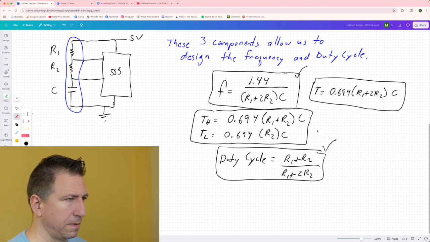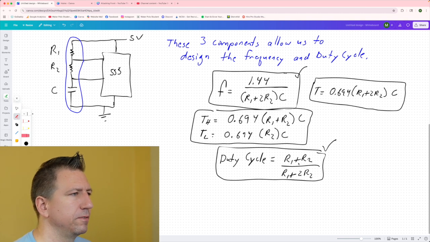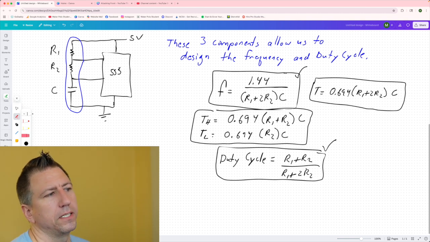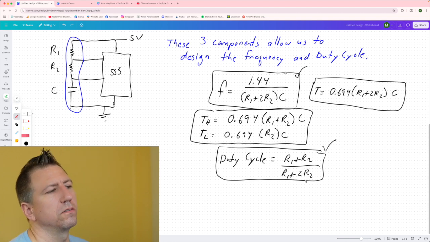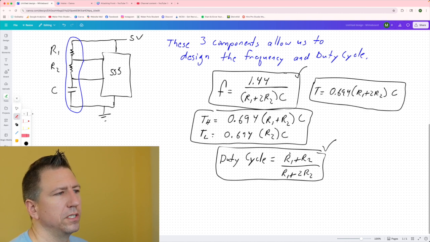One thing I want to point out is if we use the law of large numbers compared to small numbers here, what we can find is the duty cycle range. If I make R1 really large compared to R2, this right side of the equation basically means very little, so we can drop it out, and it's R1 over R1, which gives us 1, which gives us 100%.